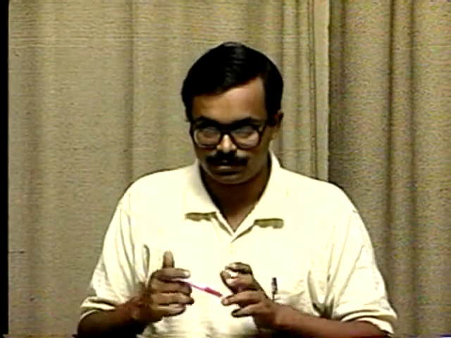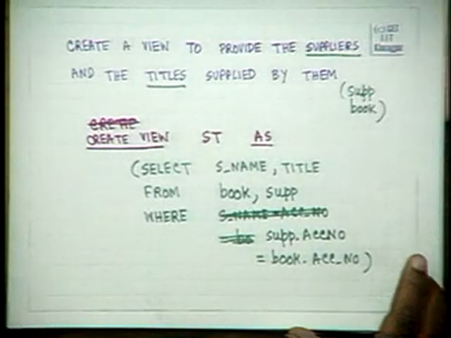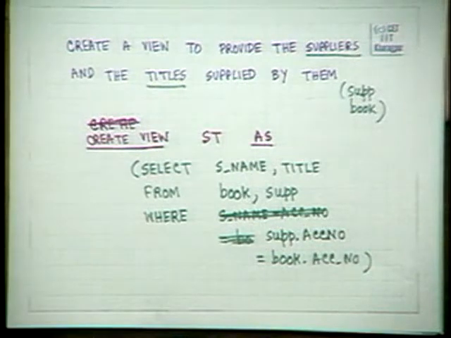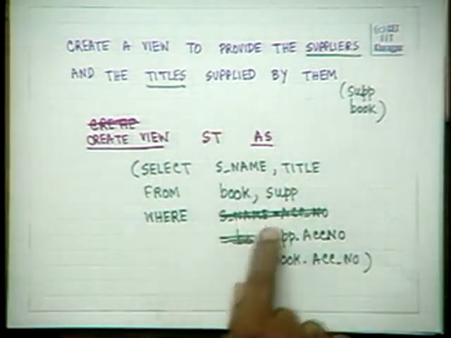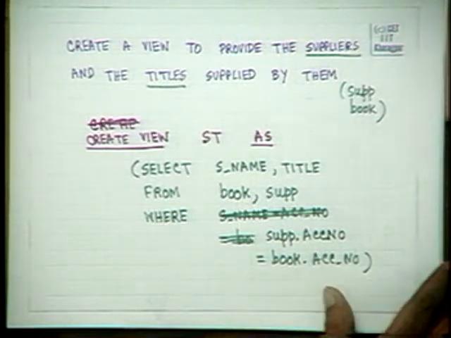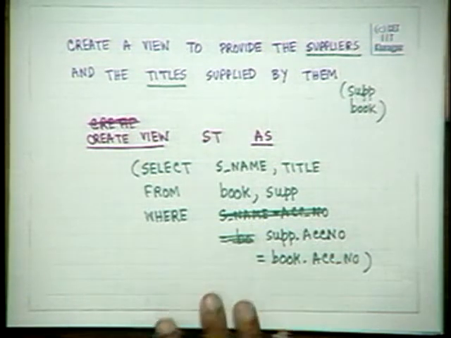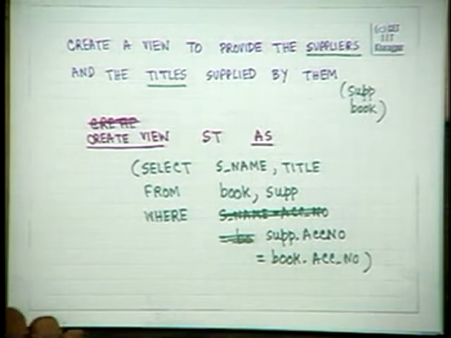But before that, there are some problems of updating through views, and that is important. Let us go back to this ST. We have created a view with supplier name and title, and we have given it to the acquisition department, saying this is your view for the books.